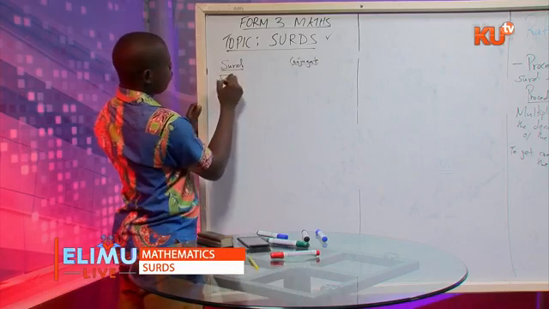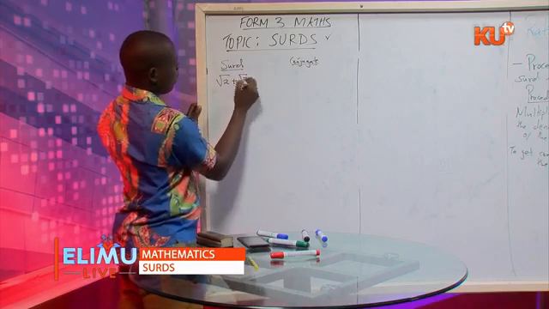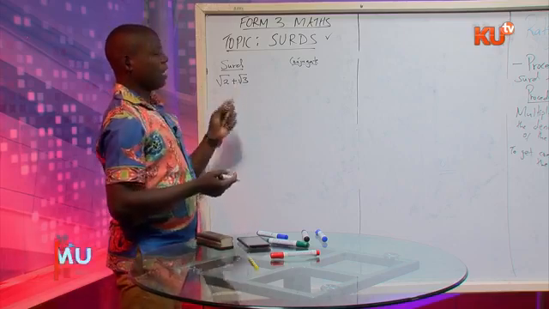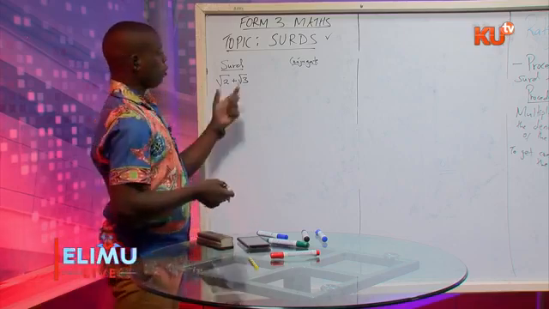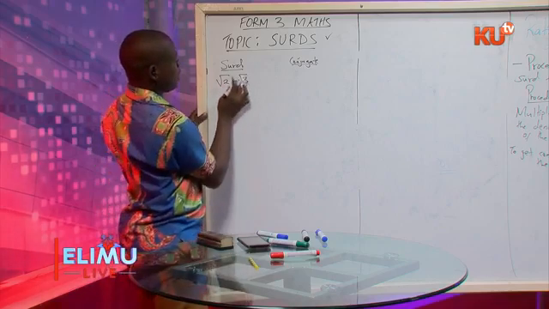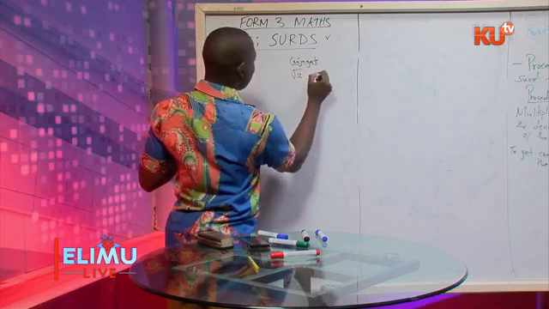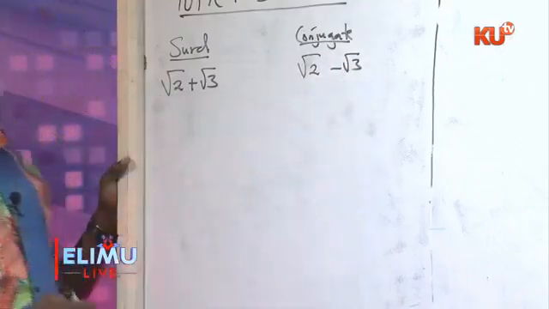If I have, for example, root 2 plus root 3, these two surds are connected by addition. To conjugate this surd, I simply change this sign, now becomes minus. So it is root 2 less root 3. That is the conjugate.